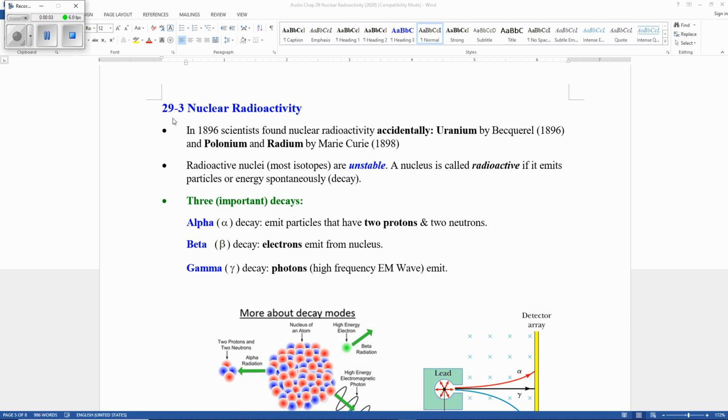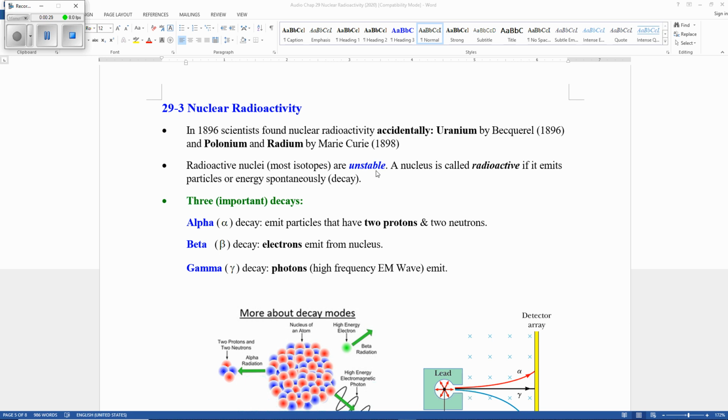We continue to discuss chapter 29, section 3, nuclear radioactivity. We're going to discuss radioactive decay. Radioactive nuclides are the isotopes, and many of them are unstable. They are not stable.